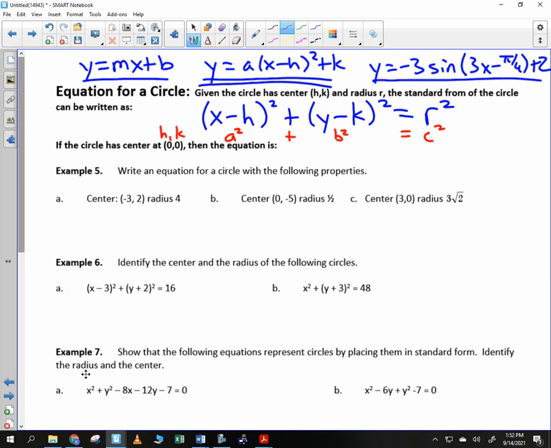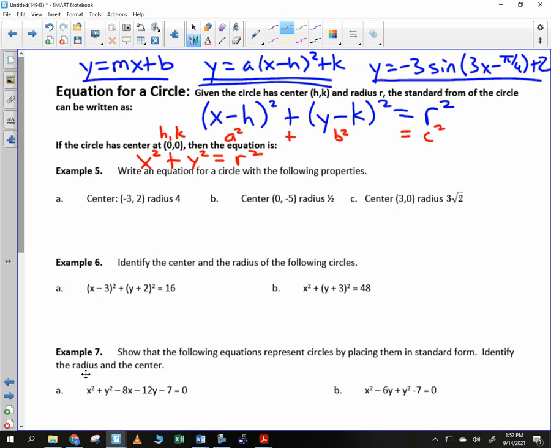So we're going to plug in 0 for h. If you plug in 0 for h, what does this expression become? X squared. If you plug in 0 for k, what does this expression become? Y squared is equal to r squared.